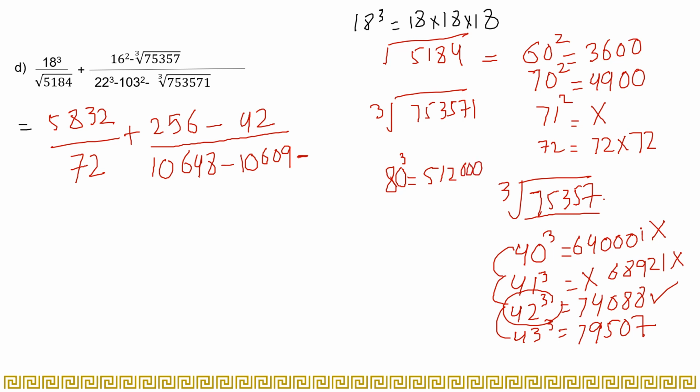Now look for the comparison, 753571 and 512000. This is quite far, so it's better to try 90 cube, and when you solve for 90 cube, it will actually give you 729000. Now comparing this number, it's nearer to 75357. That means you just have to increase your number a little bit.